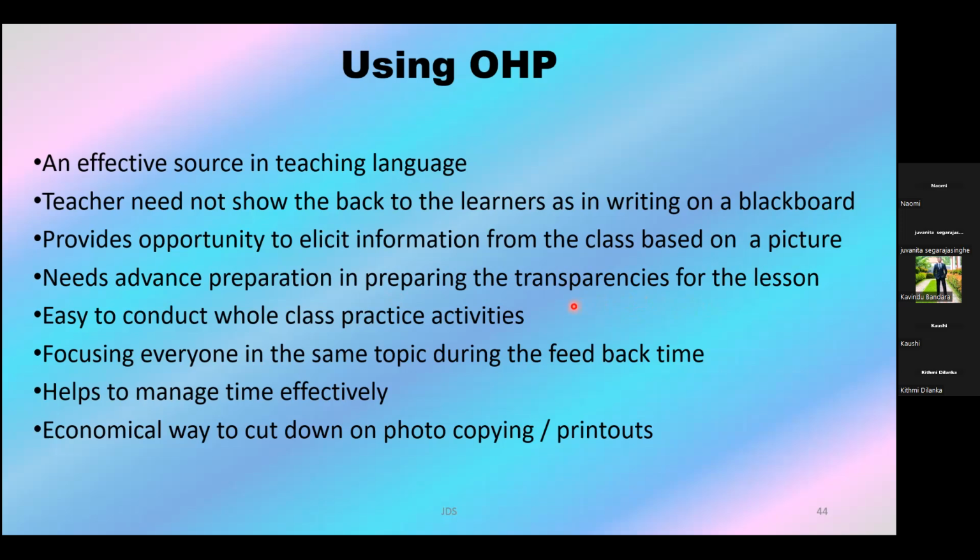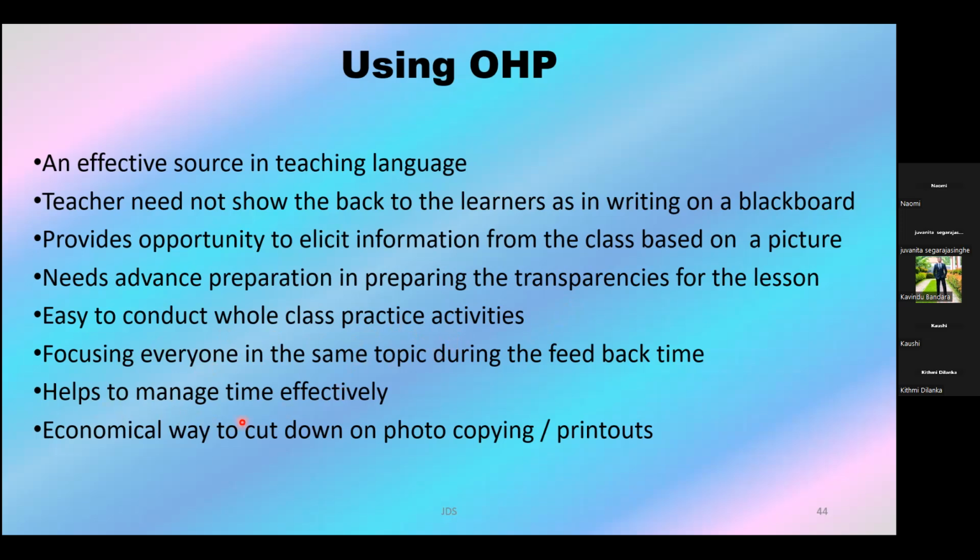So if you are unable to get new transparencies, go in for the erasable marker and write on it. Or else you can even photocopy it. So it depends. Whole class practice activities and feedback can all be conducted.